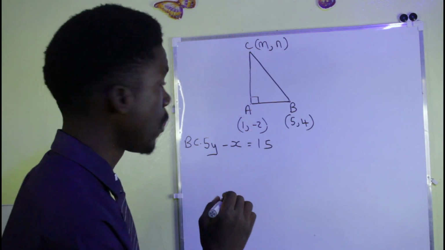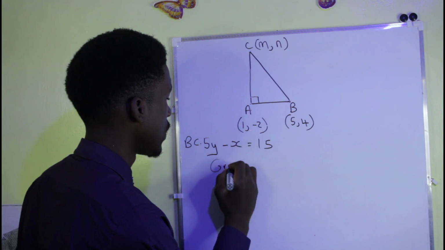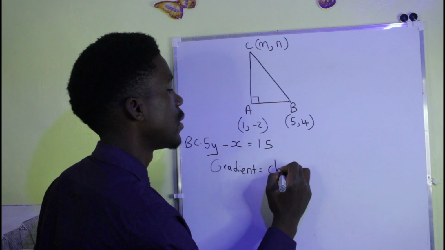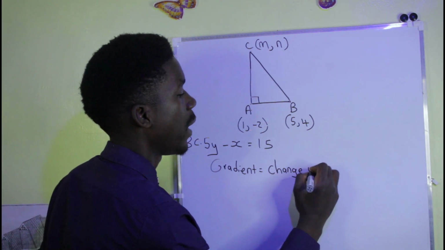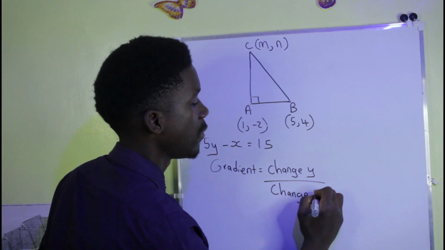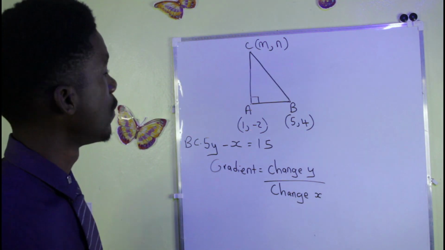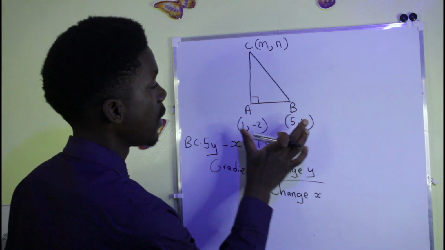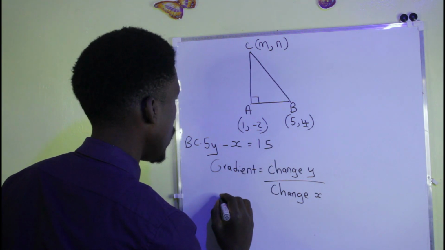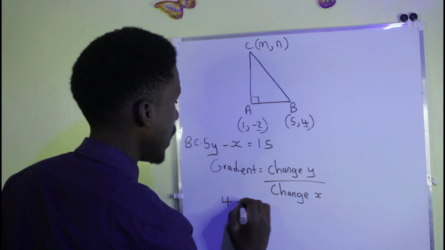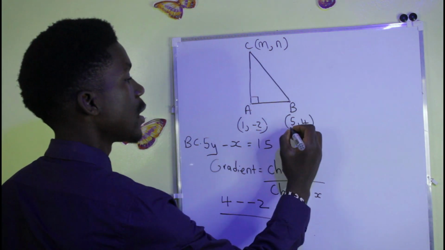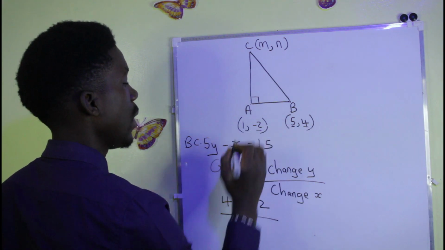We all know the formula for finding the gradient. Gradient equals the change of y over the change of x. So the change in y in these two coordinates is 4 minus negative 2, and the change in x is 5 minus 1.